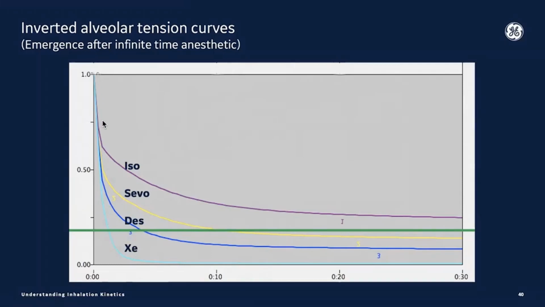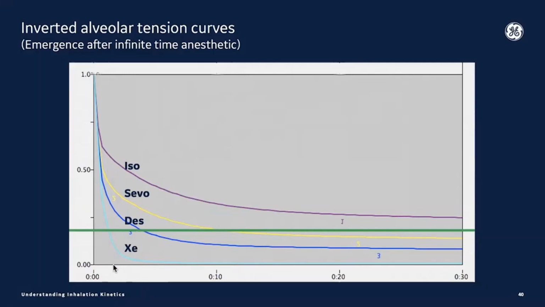We get that because of the shape of these curves. As they get flatter and flatter, it means it takes longer and longer for some small degree of fall in the level. So we see that isoflurane is somewhere beyond 30 minutes. Sevoflurane is about 10, desflurane about 4, and xenon would be 3.